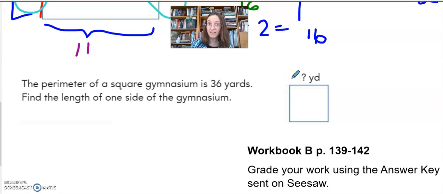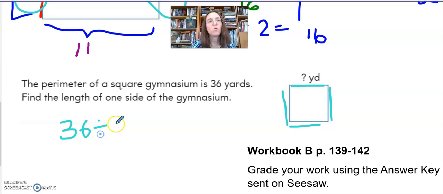This also calls on us to remember the special quality of squares is that they are rhombuses, which means all of their sides are equal. So that means that this side is equal to this side is equal to this side is equal to this side. And I think I could do that by thinking 36 divided by 4. Now I'm going to show you another special trick that I do.